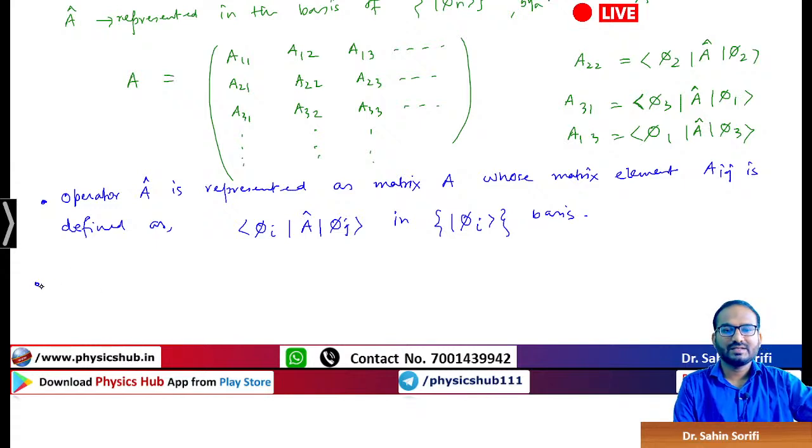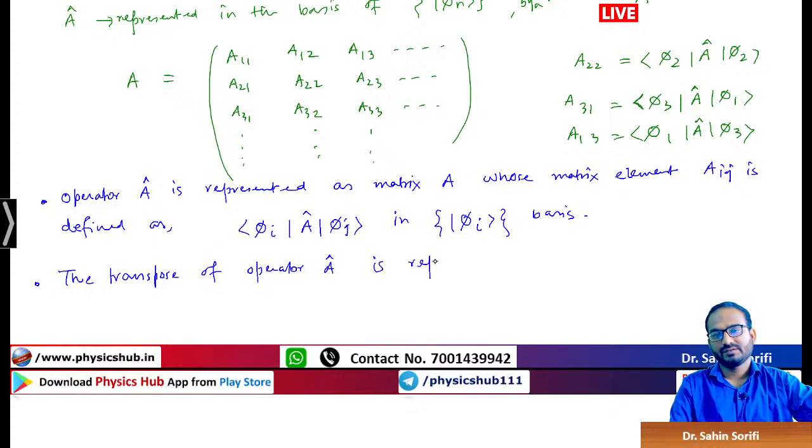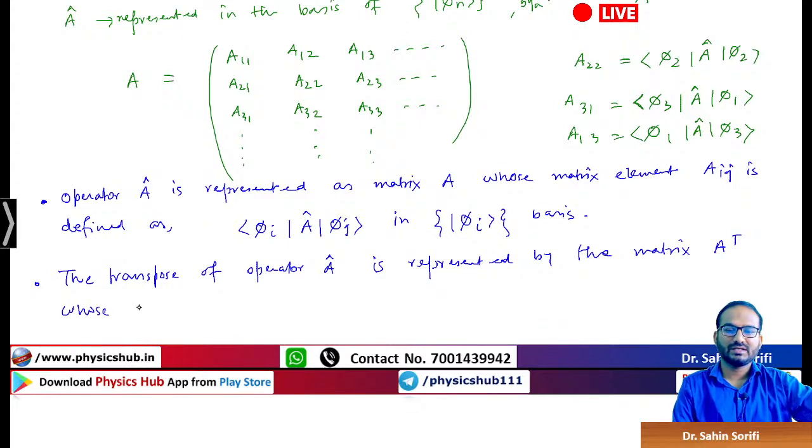Now if you want to write the transpose of this operator matrix, the transpose of operator A will be represented by A transpose. Now what will be the matrix element of this A transpose?